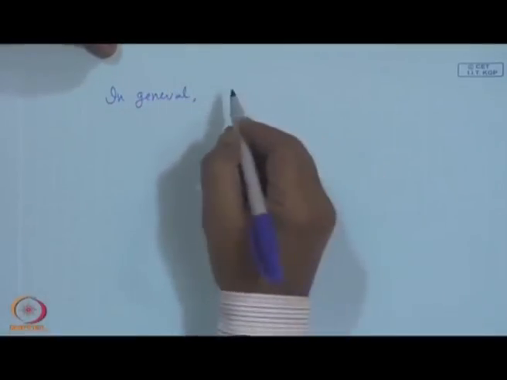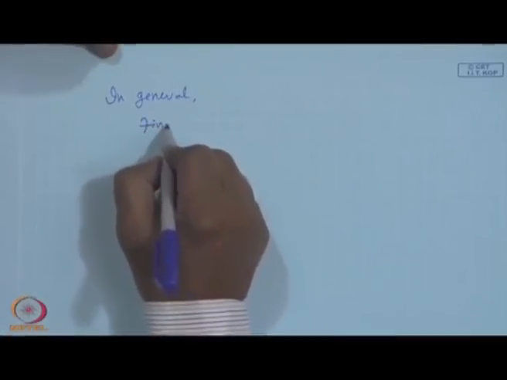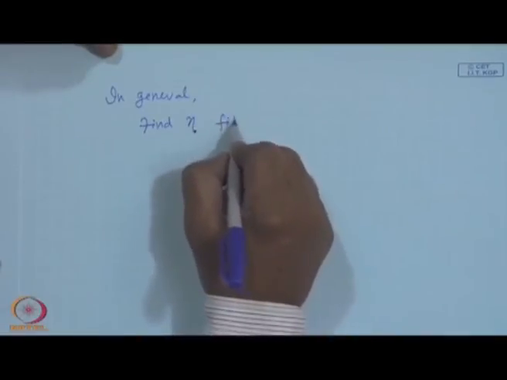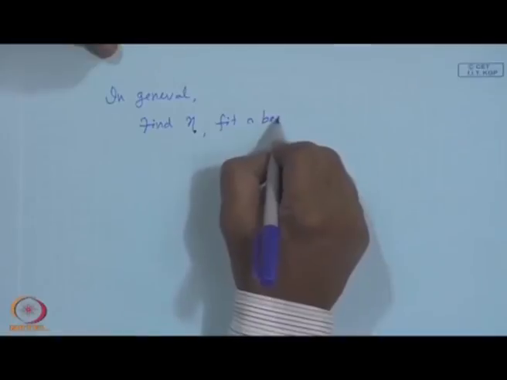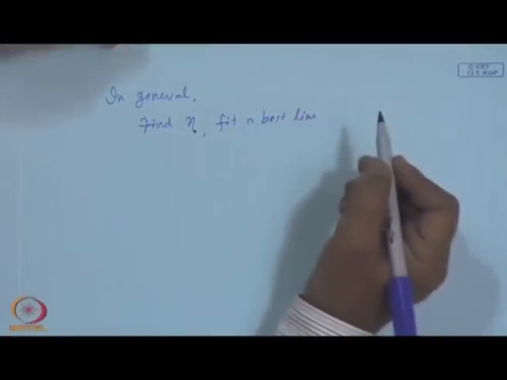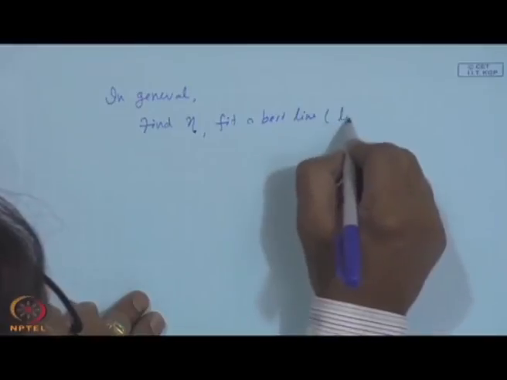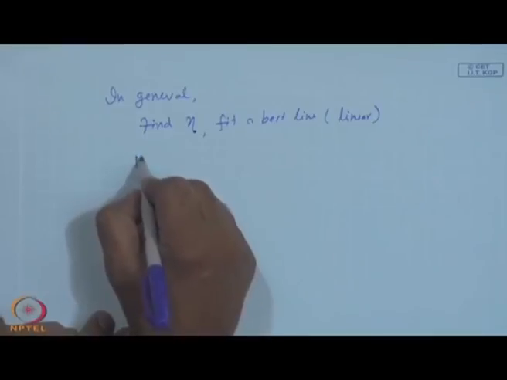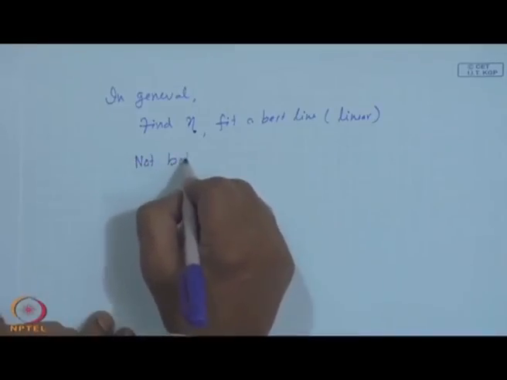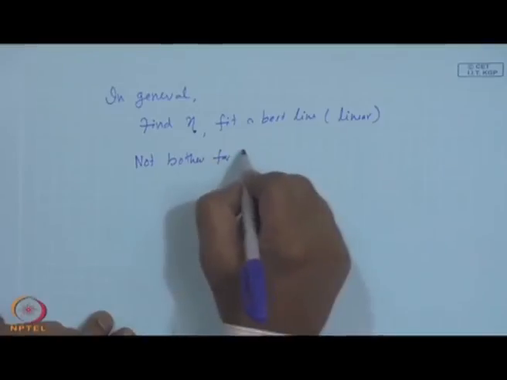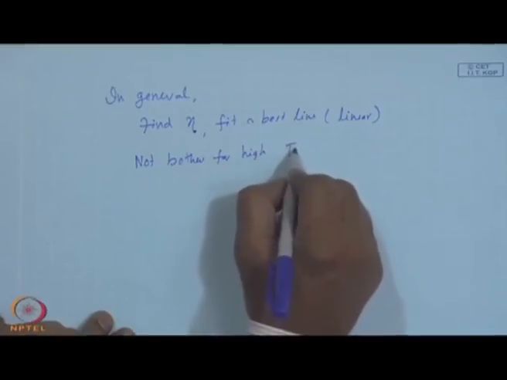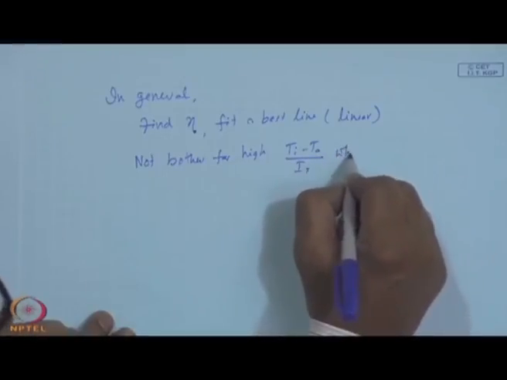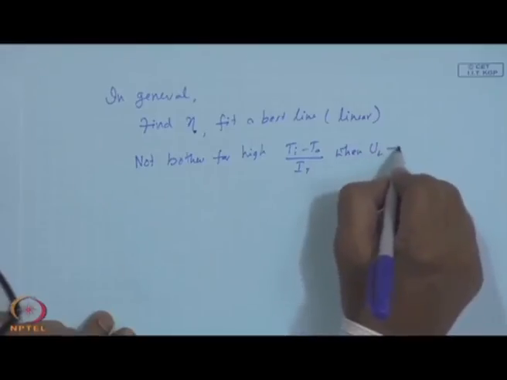In general, by experiments find the efficiency, fit a best line, a linear variation, and not bother much for high (T_I minus T_A) by I_T when U_L is not a constant.